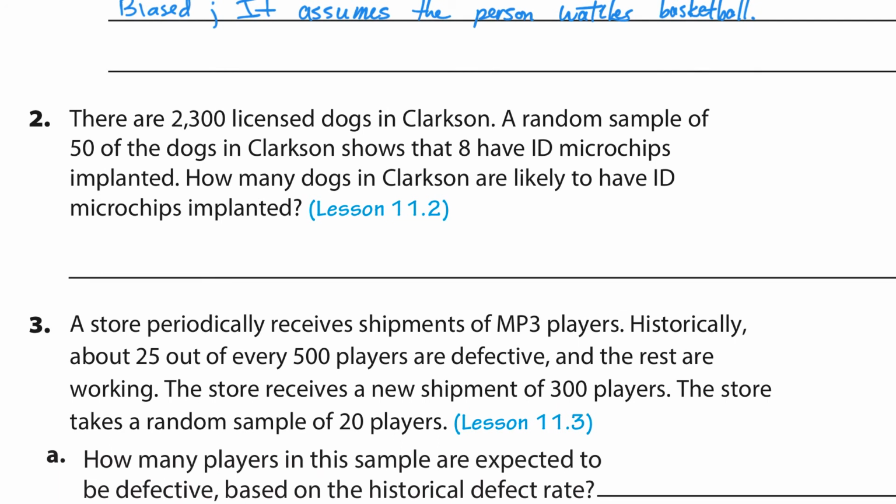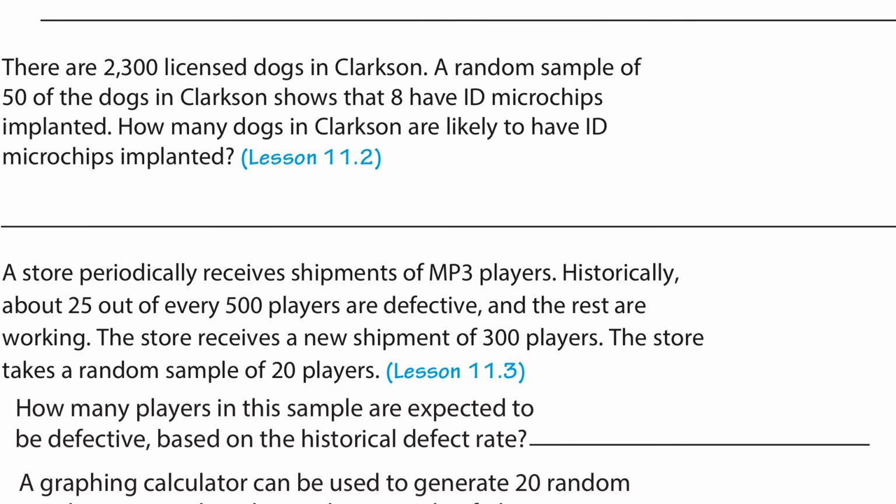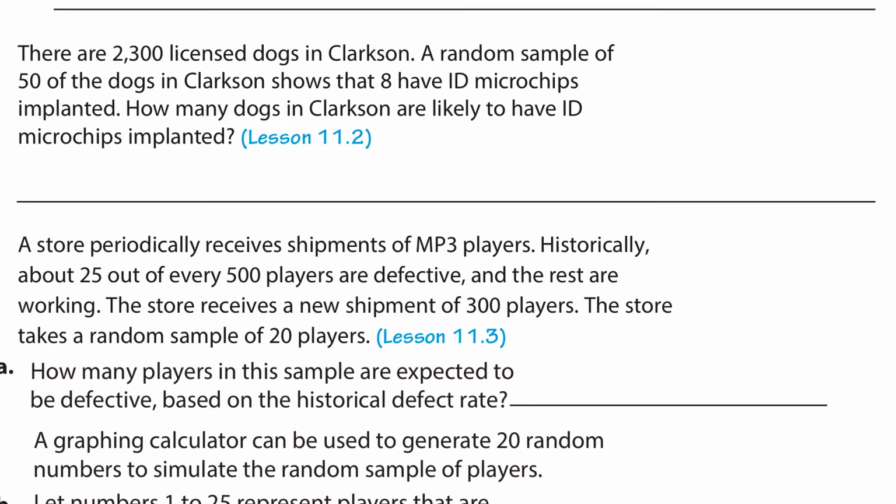Okay, there are 230 licensed dogs in Clarkson. A random sample of 50 of the dogs in Clarkson shows that 8 have ID microchips implanted. How many dogs in Clarkson are likely to have ID microchips? This looks like it'll be a proportion. I'm going to set up that proportion right over here. So I'm going to shrink this a bit.